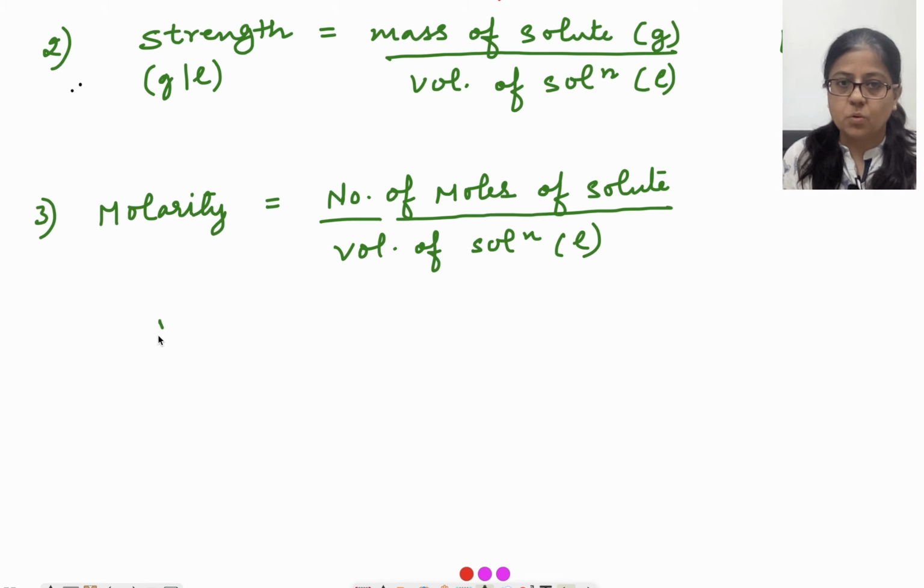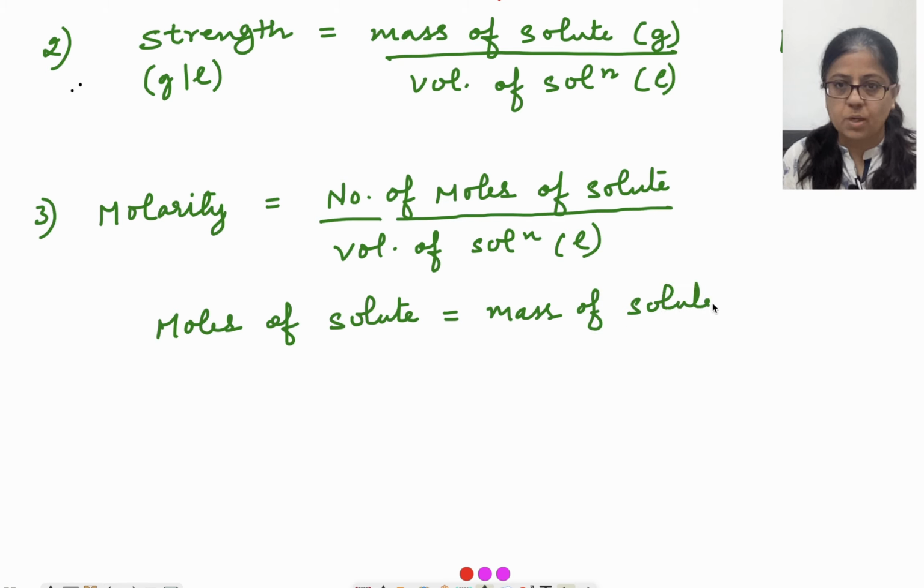To make the moles of solute, divide the mass of solute by its molar mass or molecular mass. Mass of solute divided by molecular mass is called moles of solute, and then divide it by the volume of the solution taken in liters.